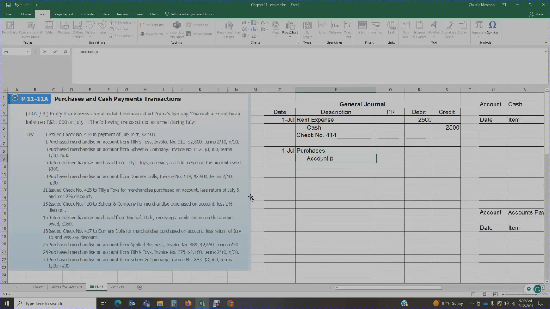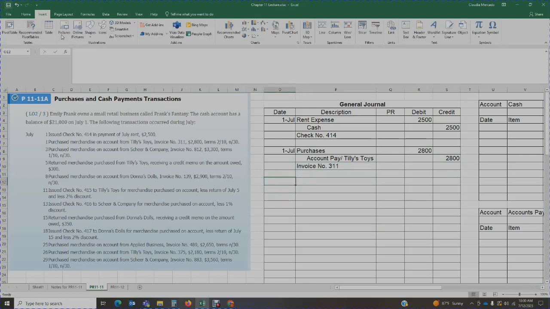So we're going to have accounts payable. And we're going to put the name of the company that we purchased from. We have Tilly's Toys. That way I know that I owe Tilly's Toys $2,800. That is the amount that we purchased from them. So I made a purchase of $2,800. And I owe $2,800 because I purchased this on account. Okay? And this is for invoice number 311.